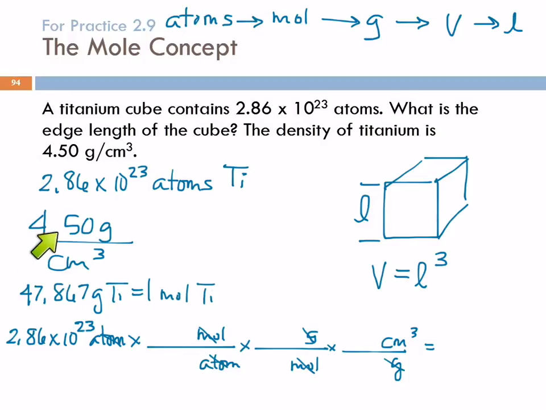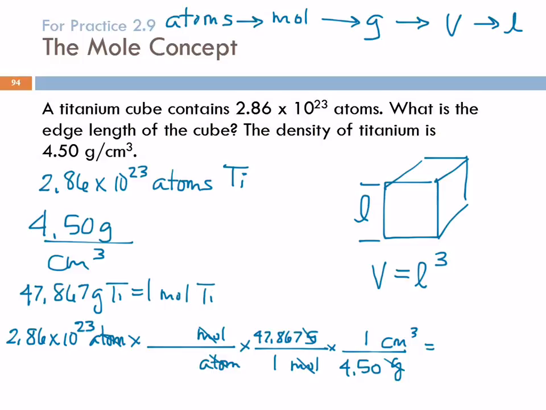Well, here's the density, 4.50 grams per cubic centimeter. So that's 1 cubic centimeter is 4.50 grams. Grams per mole, we get that from the periodic table. 47.867 grams is 1 mole for titanium.